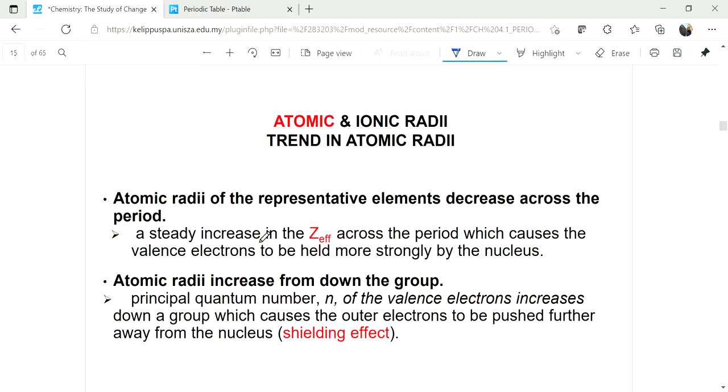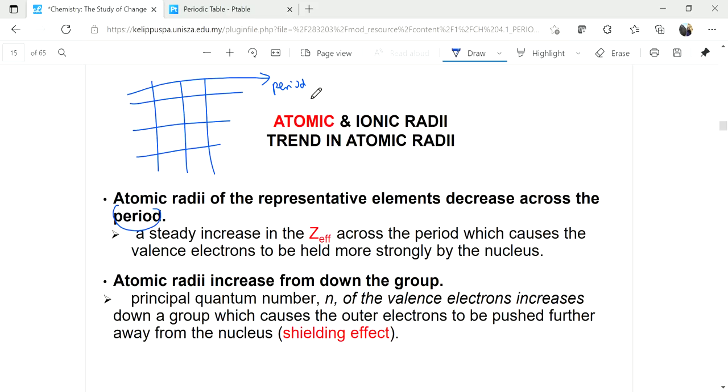For the atomic radius across the period, in the periodic table, across the period, the atomic radius decreases. Why does it decrease?